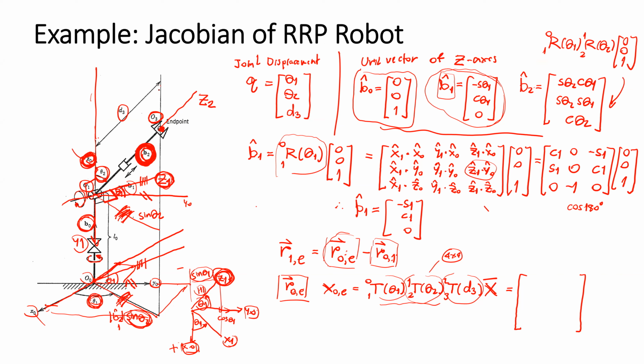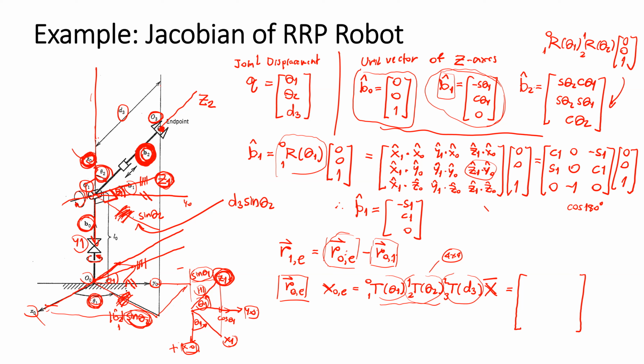The length of the projection here is D3 sine theta 2, which means this one is D3 sine theta 2.